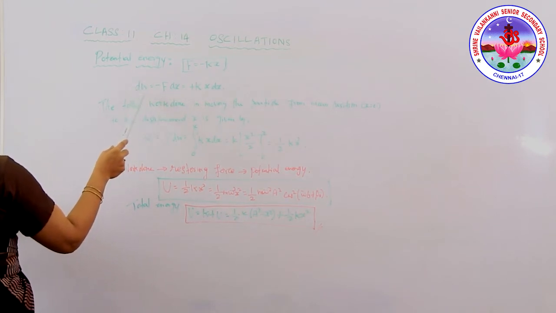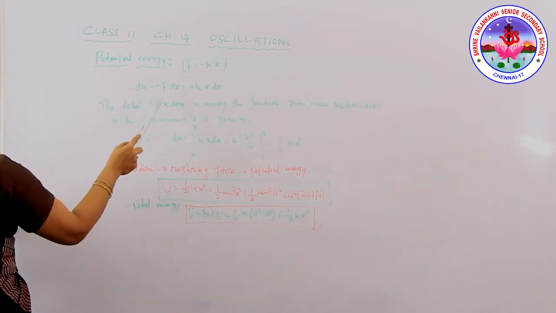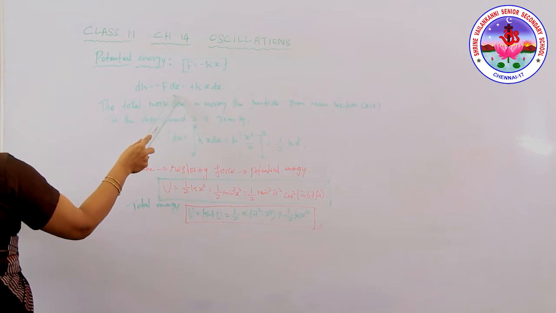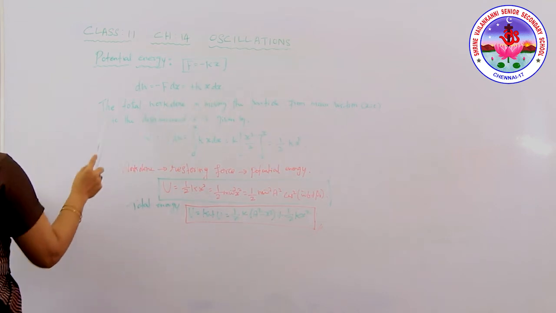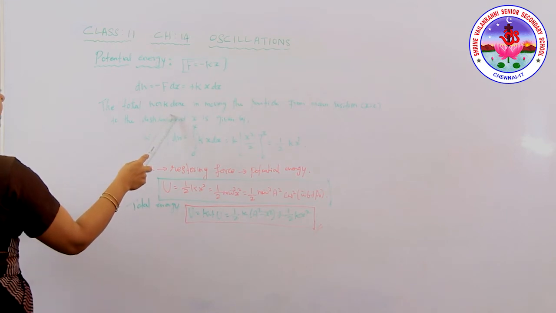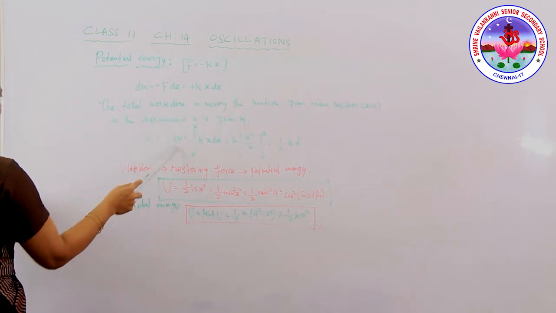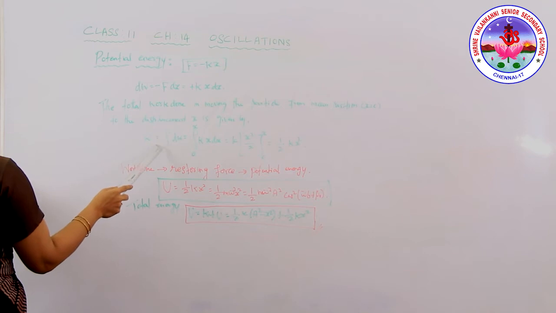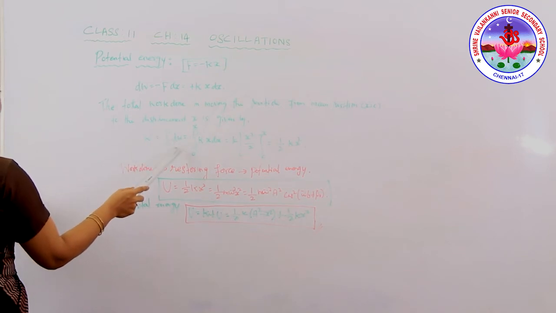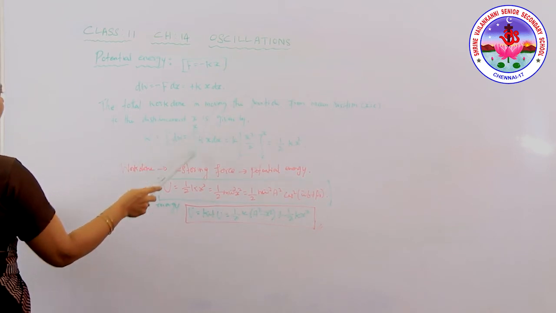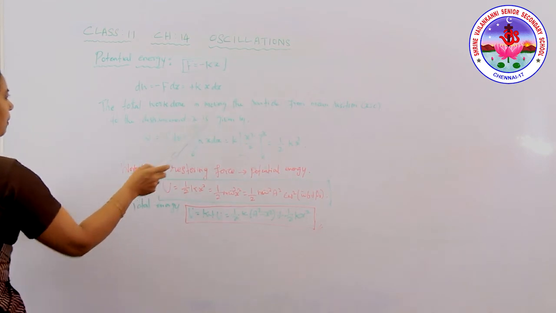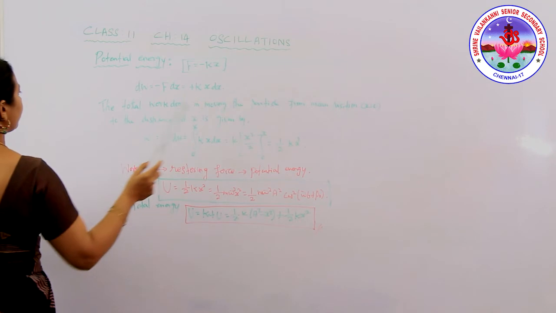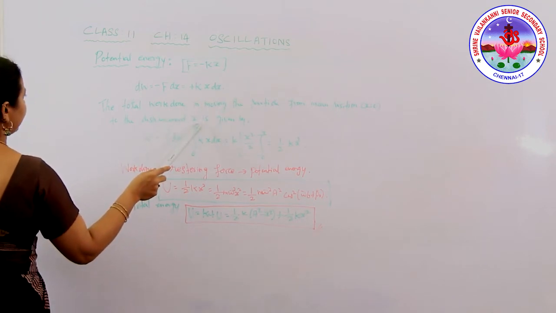So the work done against the restoring force is given by dW which is equal to minus F dx, so that plus kx dx. So the total work done, we need to integrate it. So W which is equal to integration of dW, integration over 0 to x. We have taken this from the mean position, so x from 0 to the displacement x.